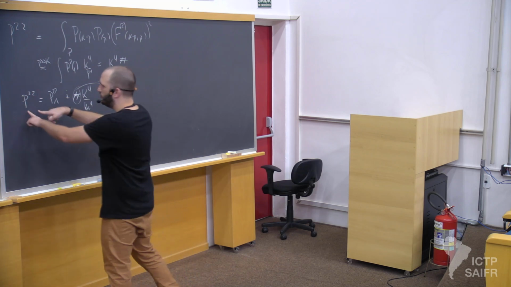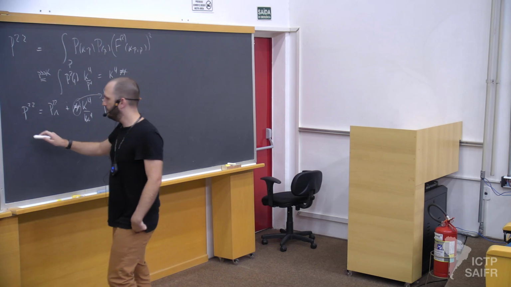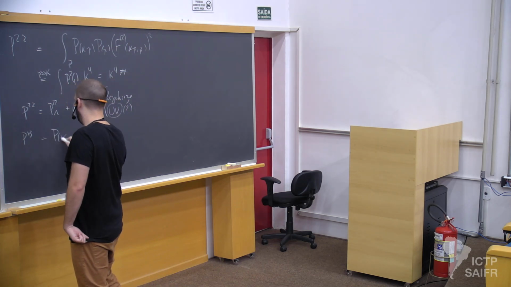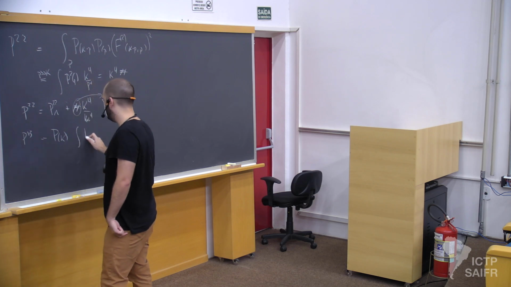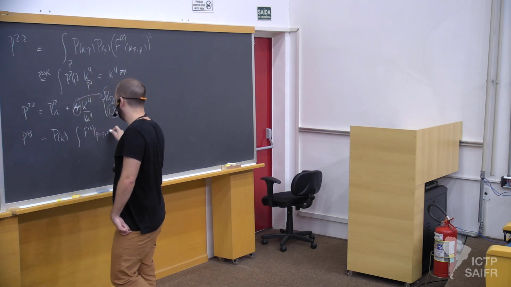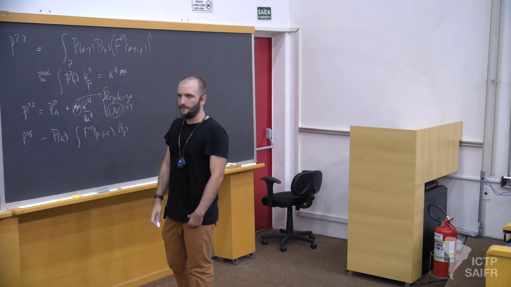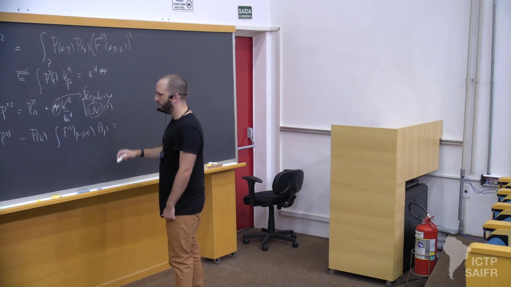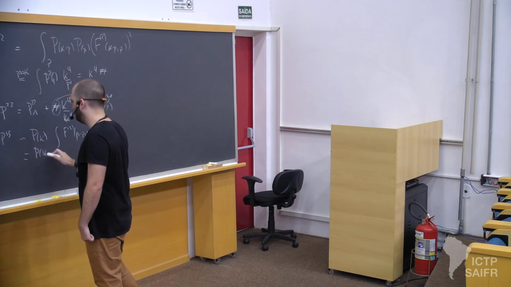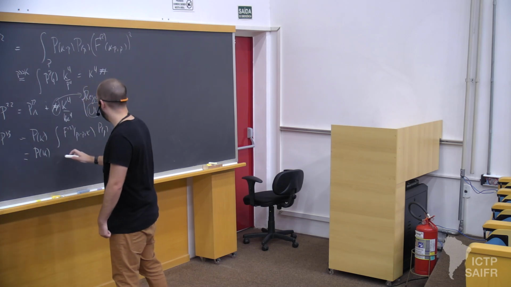So the P22 term is going to be regularized by something that goes as k to the 4th, but the P13 term is equal to P of k integral of F3 of p, minus p, k, P of p. And this goes as P of k square over p square.